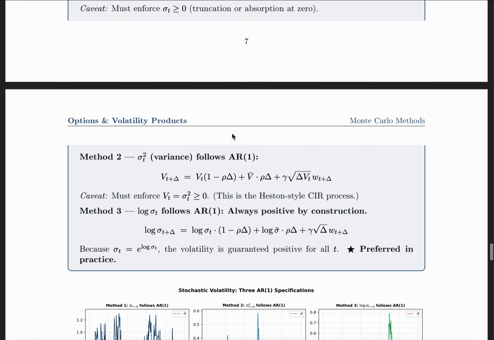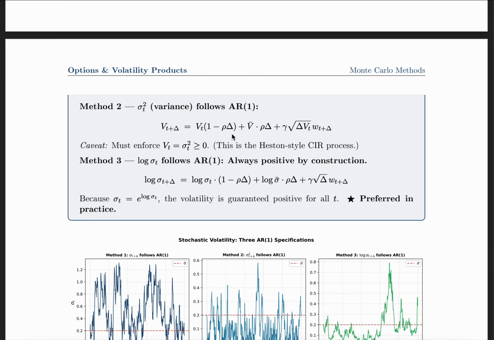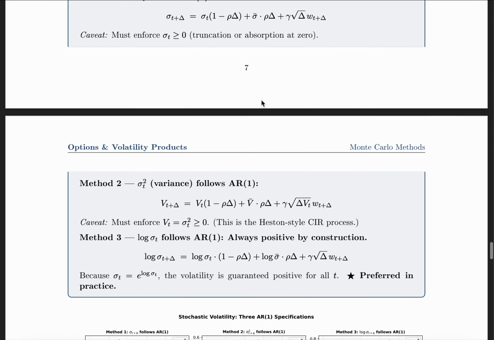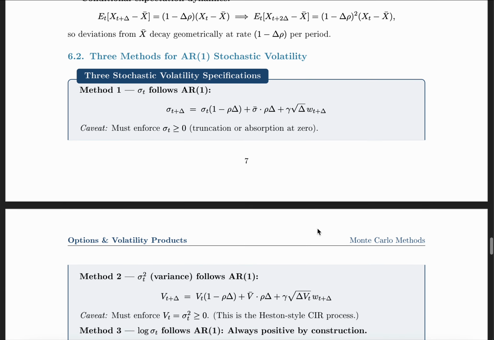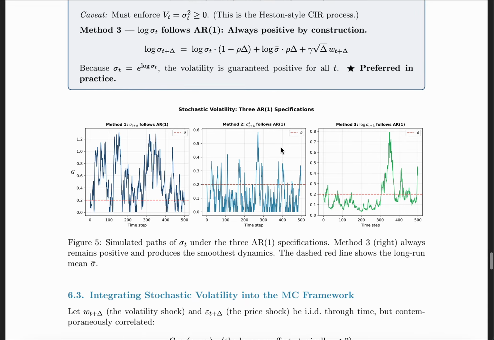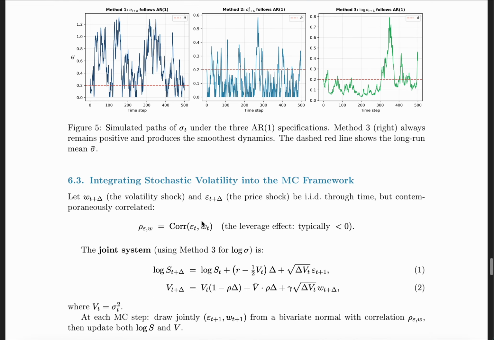Okay, so these are the 3 ways that we model variance. And I created these graphs. I plugged in a few parameters for each of these components, and I created 3 graphs of what each variable looks like. So here we have the time step on the x-axis, and the sigma term on the y-axis. And this is just saying that sigma follows the AR1 process, sigma squared follows the AR1 process, and log of sigma follows an AR1 process.